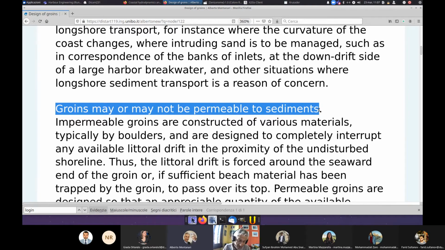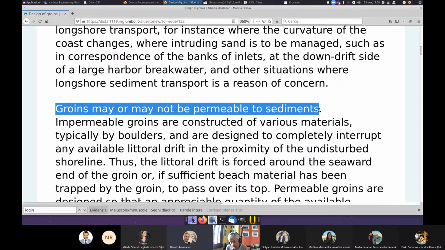On the other hand, you may want to make this impact smooth, meaning that, for instance, if you place a battery of several groins and you make them not permeable, it may happen that most of the sand is trapped by the first groins updrift, and no sediment is left for the subsequent ones.